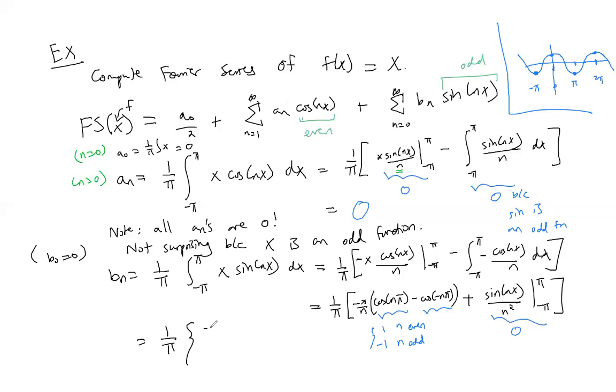So we're going to get negative x over n times, so if n is even, then this is 1 and this is 1, and so they cancel, you get 0. So actually, if n is even, this becomes 0. And if n is odd, this becomes negative 1 minus negative 1.